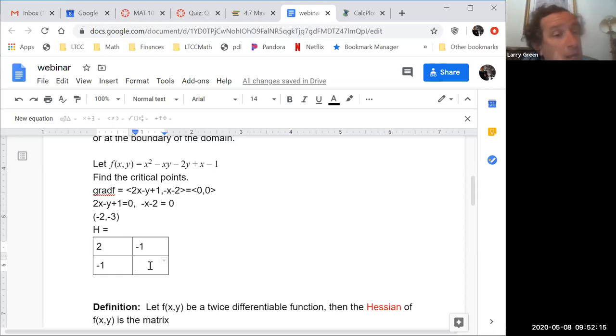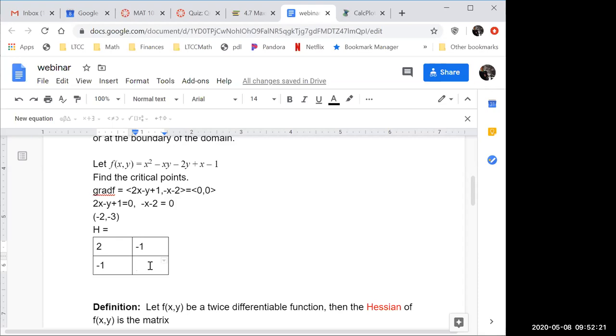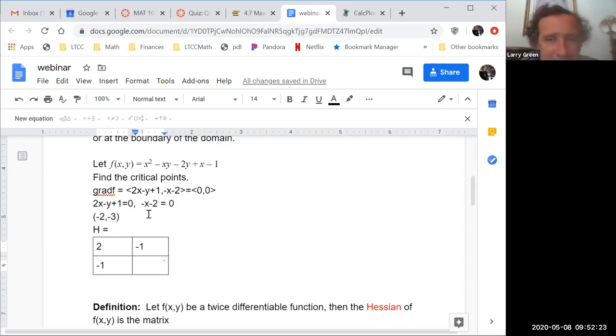And what is fyy? It's not -1. Fyy is 0, because remember that fy is negative x minus 2. The partial derivative of that with respect to y is 0 because there is no y in that expression.